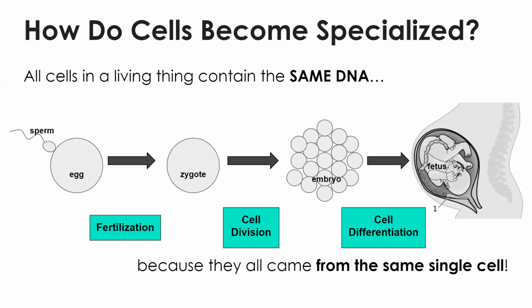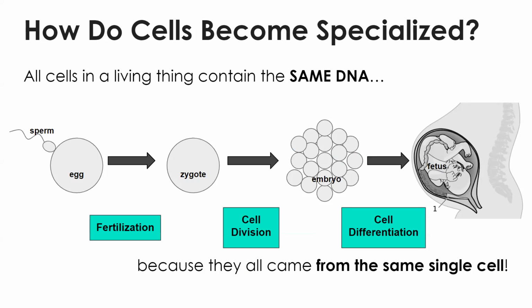So that zygote then divides a little bit and makes more cells. This turns into an embryo. And then those cells differentiate or specialize based on the function they need to carry out. So our cells must be fertilized, they must divide, and then they must differentiate.